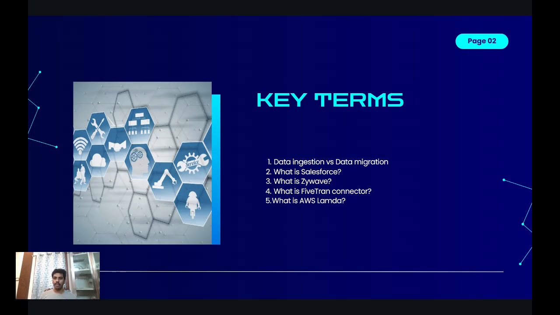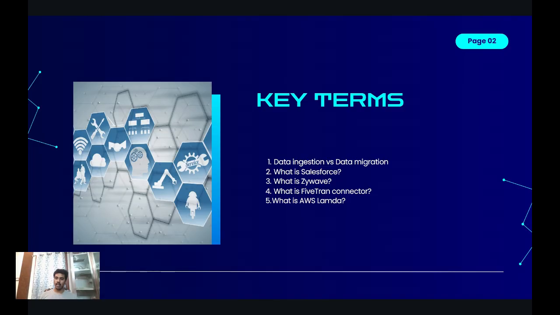So I just want to give a key terms introduction so that it's easier for you to understand. Coming to data ingestion versus data migration, there is a lot of confusion on what it is. To be very simple, at a very high level, data ingestion is where you move the data from one source to the target, and it's a continuous and repeated action.